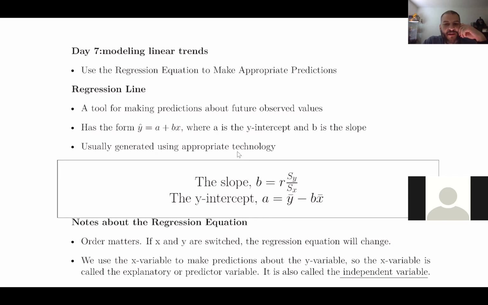So we want to be able to make predictions for a data set that we don't have any data for. So we're going to be using this model right here.